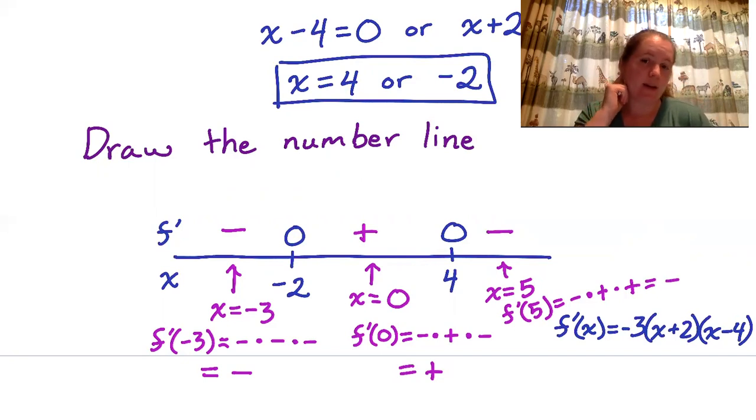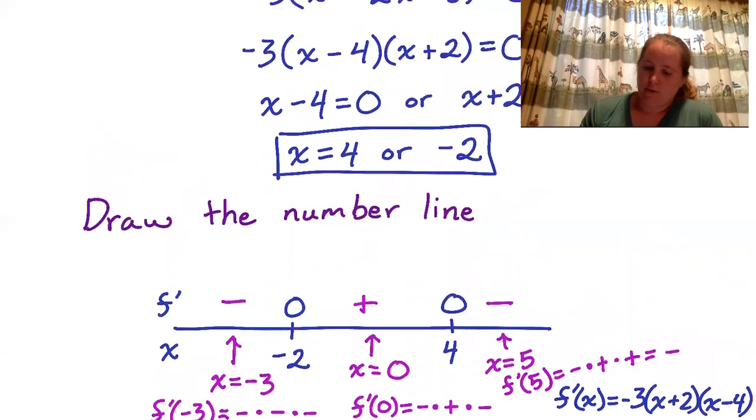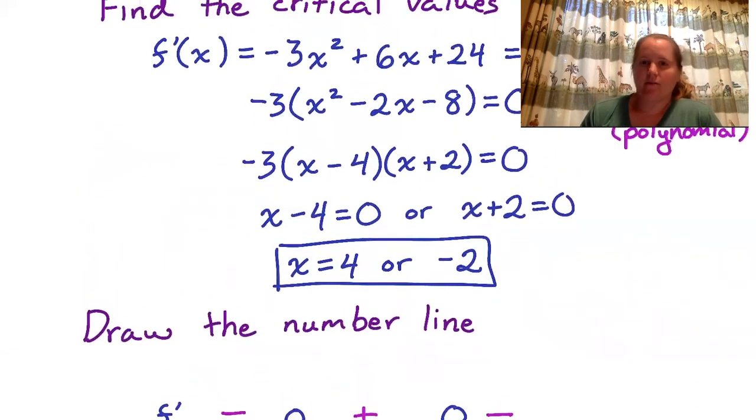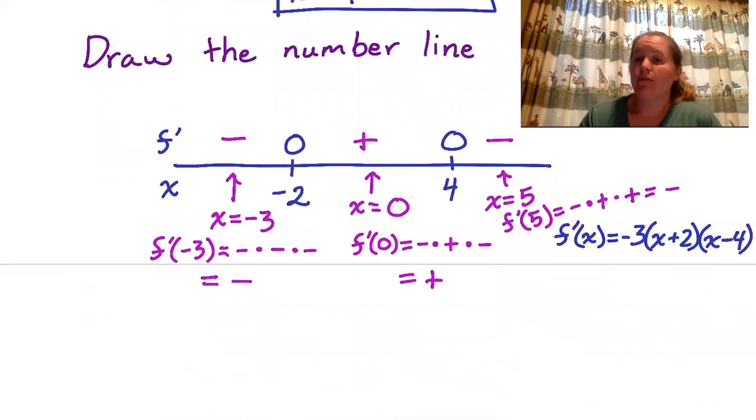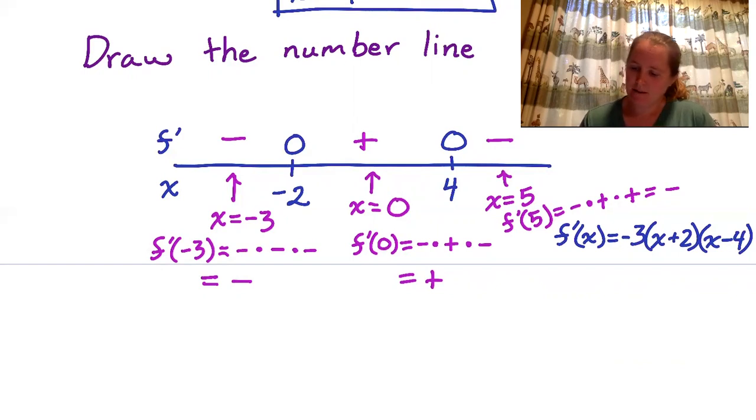You are welcome to find the explicit value. So if we used the original form of f prime, negative 3x squared plus 6x plus 24, you could plug in negative 3 and get the specific value. Or you can just plug into each of the factors of f prime and figure out the sign, which is what I was doing here. So again, negative 3 is always negative, and then I was figuring out the signs for the remaining two parts.